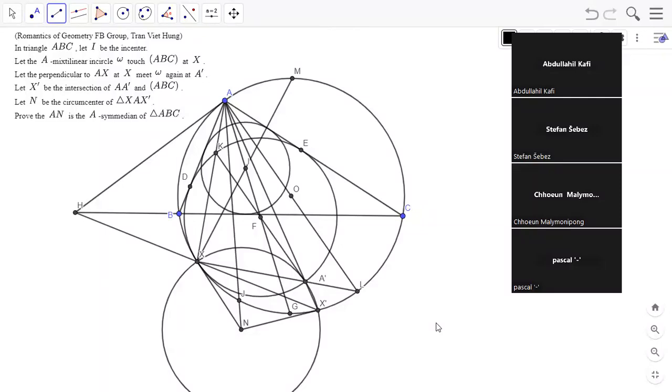So you project A through those, so X, G, X prime, L is harmonic. Yes. And so N, G, and L are collinear. Yeah, that is also true.